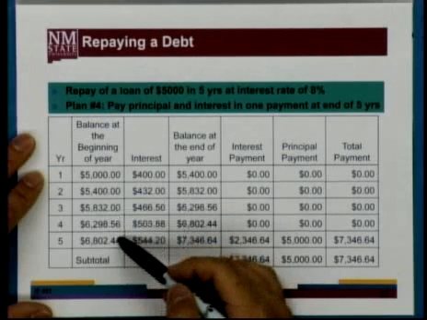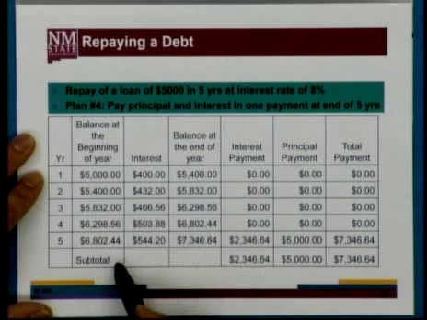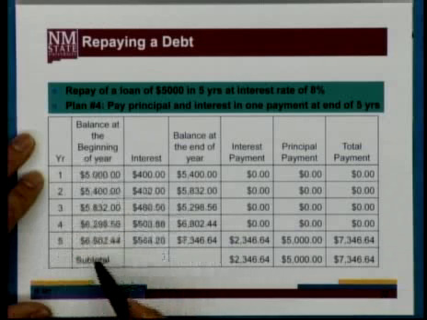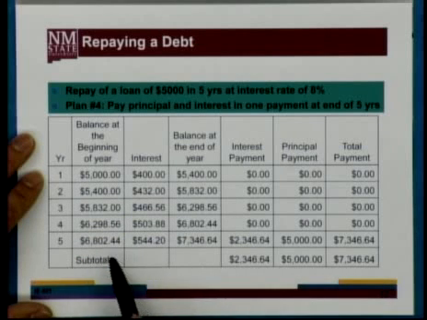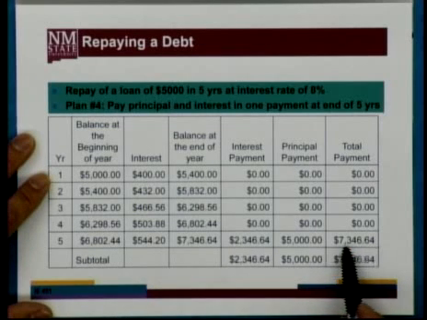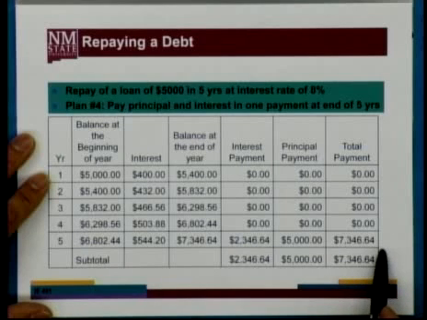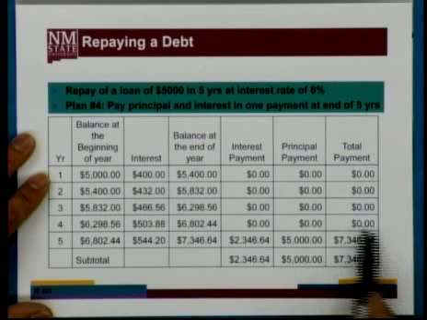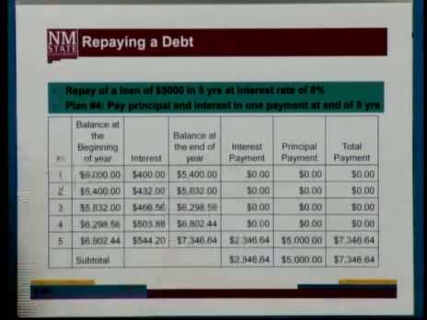So the amount of debt is increased each year. And at the end of year 5, the total amount of debt becomes $7,346.64, and this amount is paid.